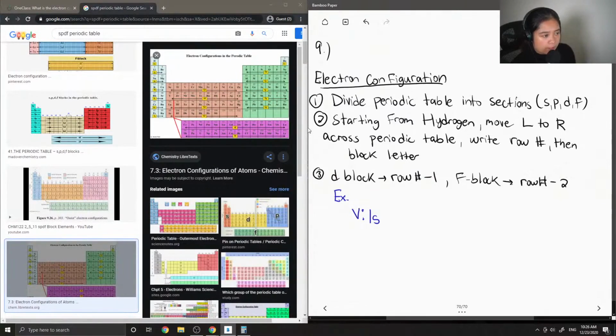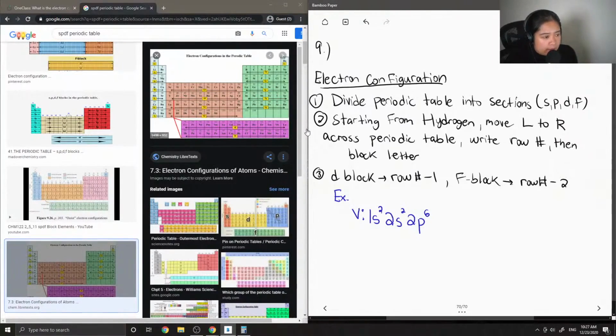So starting at hydrogen, it's 1s over to helium, so you get 1s2. And then on to the next row, we have 2s2. Moving across to the P block, we are still in row 2, 2p, and if you count everything in that row, it'll be 2p6.